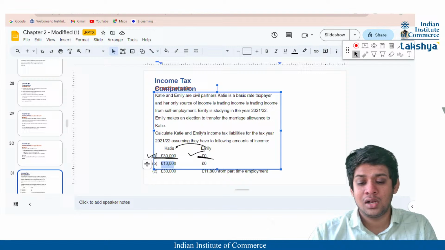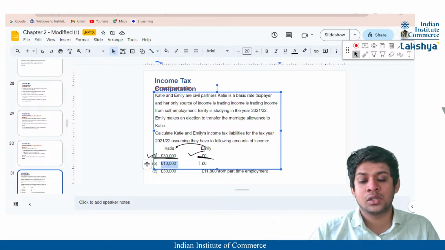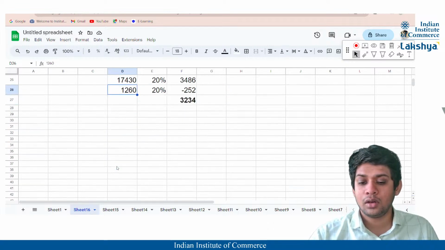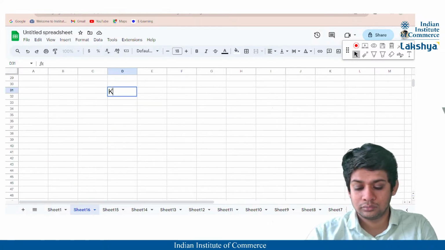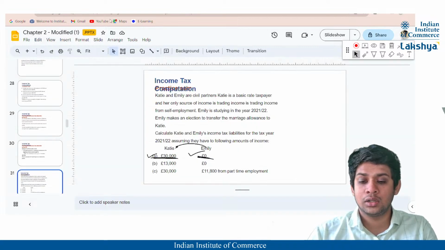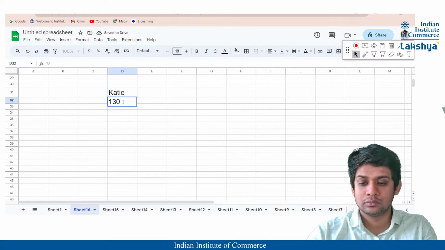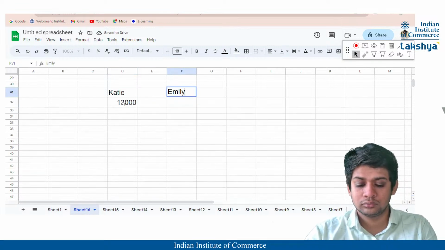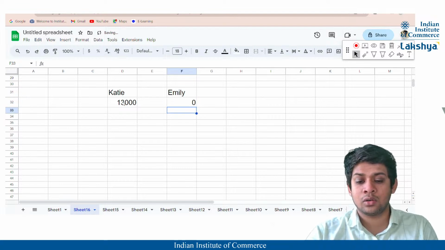Then comes the second one. KT has an income of 13,000 pounds and Emily has an income of 0 pounds. How much was it? 13,000, right? Emily has 0.